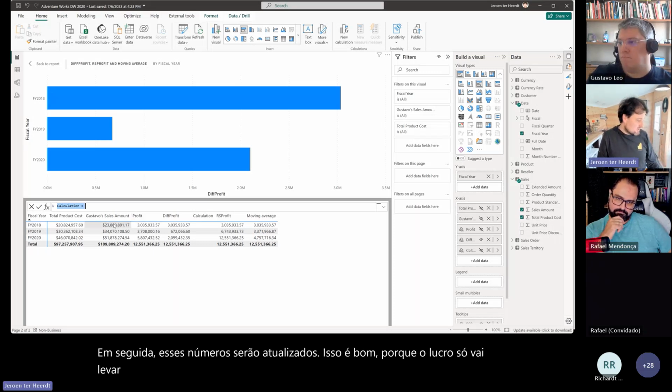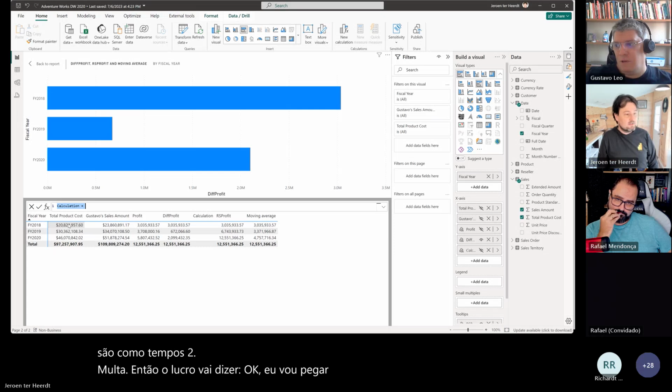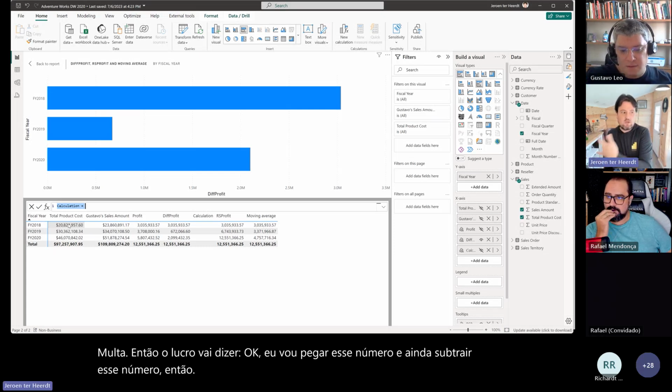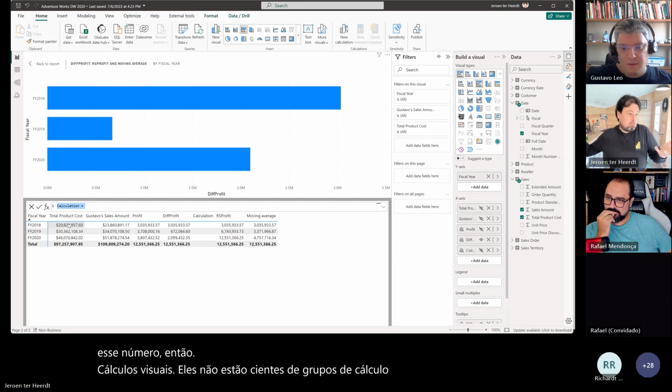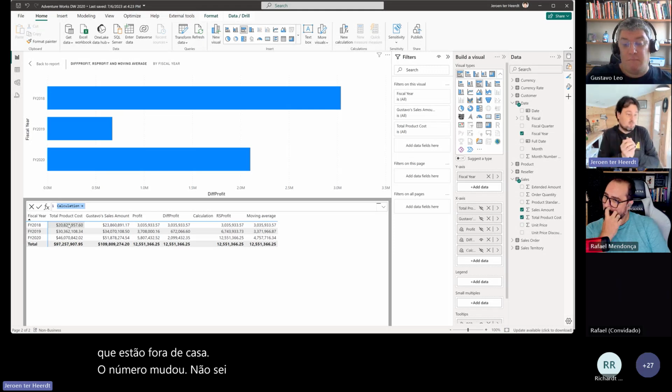Let's imagine these numbers are now times 2. Fine. Then profit will just say, okay, I'm going to take that number and still subtract that number. So visual calculations are not aware of calculation groups, in the sense that they're outside the house. They just see that the number has changed. I don't know why, but I don't care. I'll just take the new number.